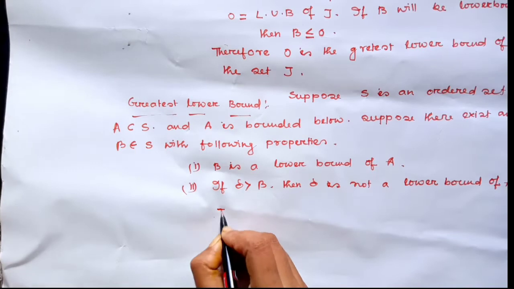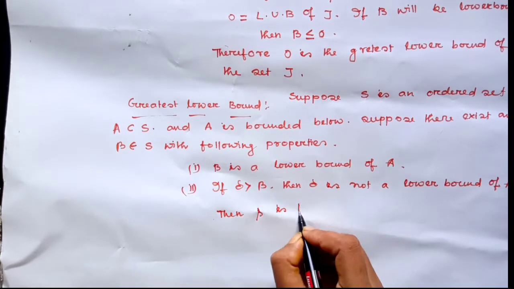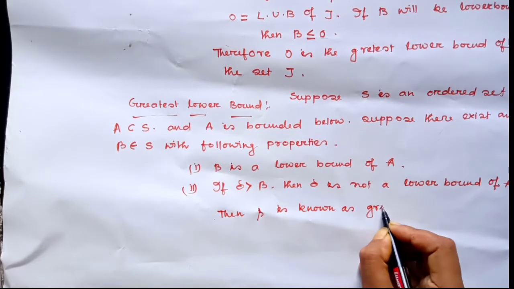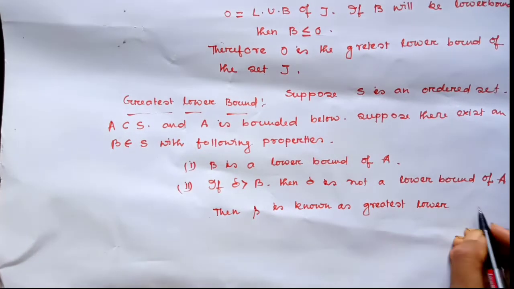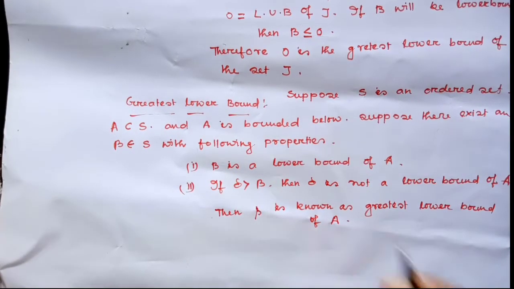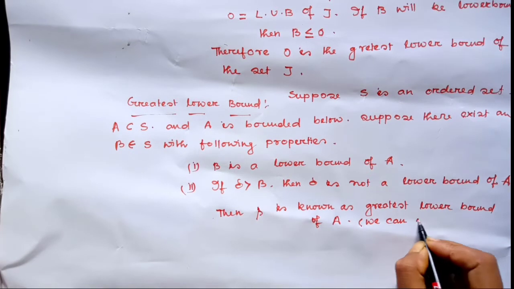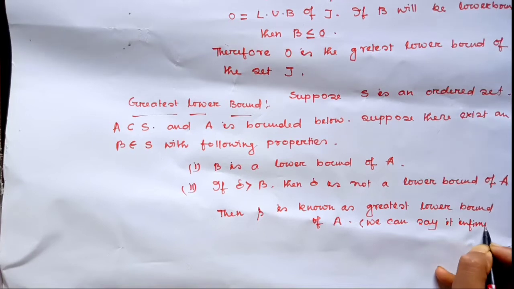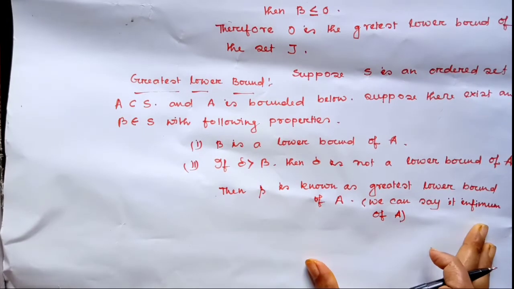Then beta is known as the greatest lower bound of A, or we can say it infimum of A, right?